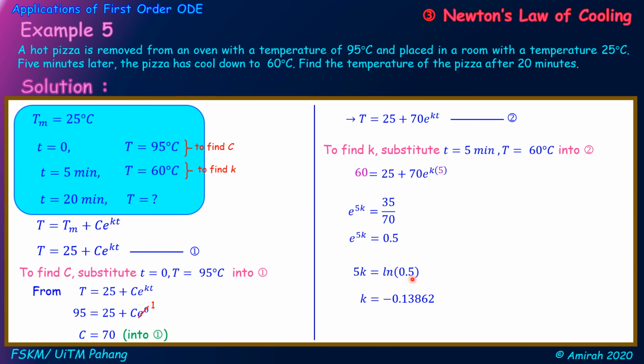We divide ln 0.5 by 5. And after that, we substitute the value of k into equation 2. And k here is a negative value because k is the cooling rate. Constant cooling rate, that's why negative, because cooling means the temperature will drop.